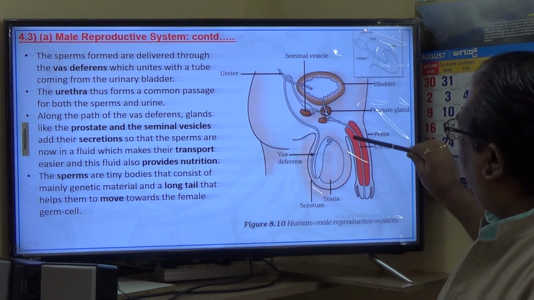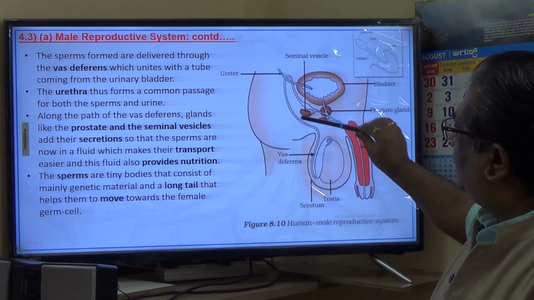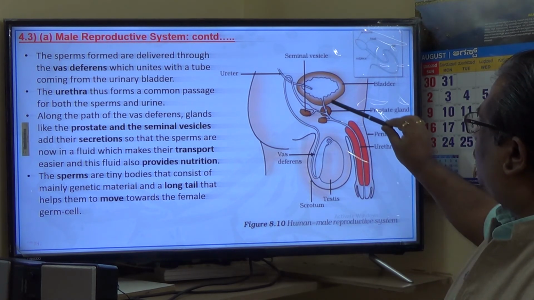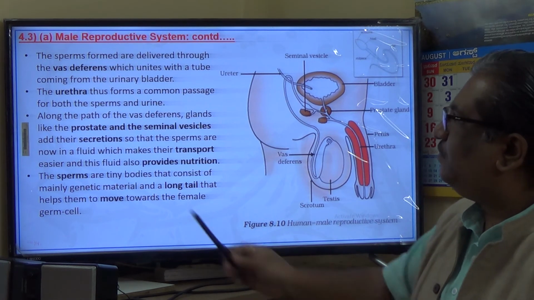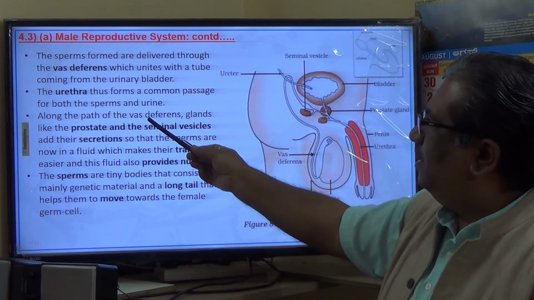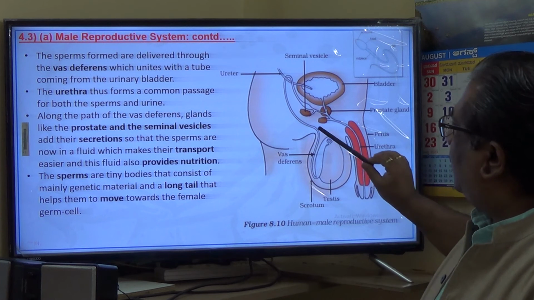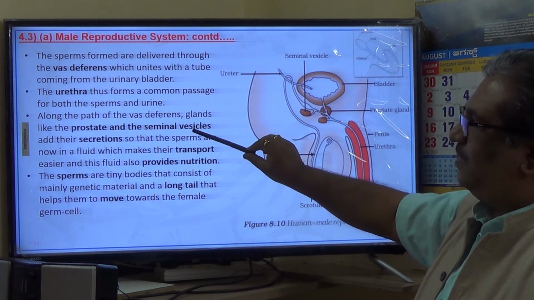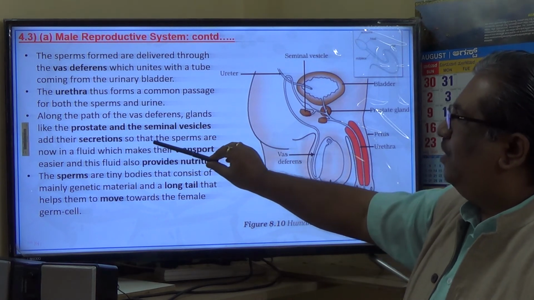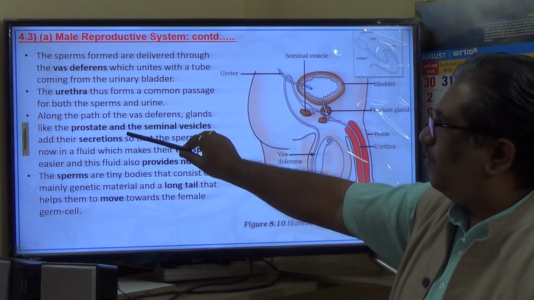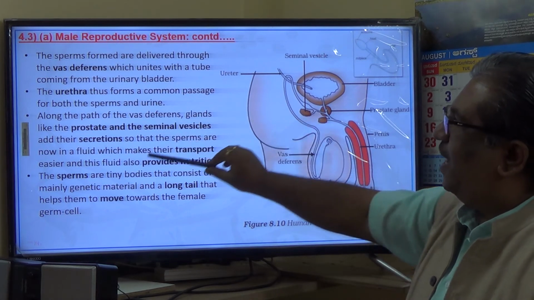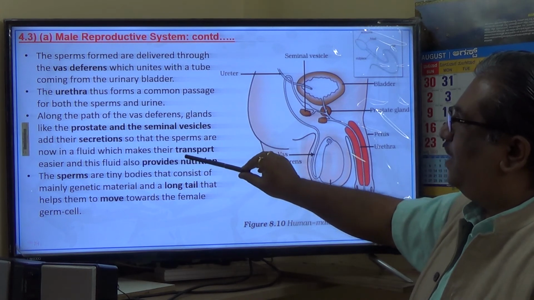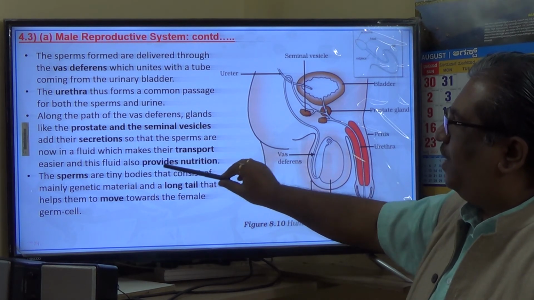Along the path of the vas deferens, glands like the prostate and the seminal vesicles are present, and their secretions put the sperms in a fluid which makes their transport easier, and this fluid also provides nutrition.